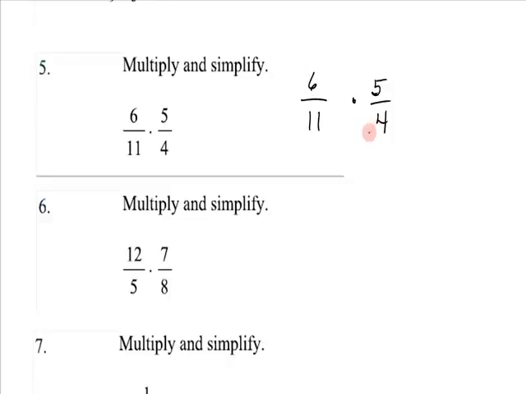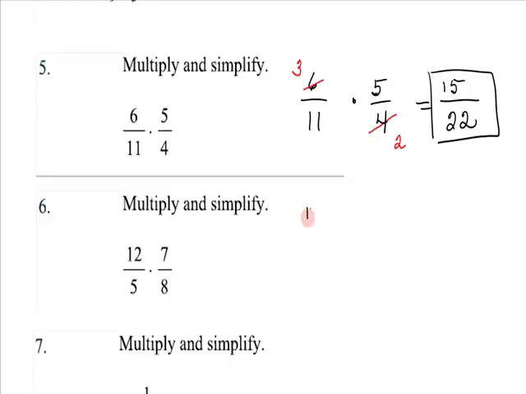So 2 will divide into both of them. 2 goes into 4 2 times. 2 goes into 6 3 times. 3 and 11, nothing in common. 5 and 2, nothing in common. So I looked on both diagonals and up and down. I have 3 times 5 is 15, and I have 11 times 2 is 22. I have the product, and it's in lowest terms.